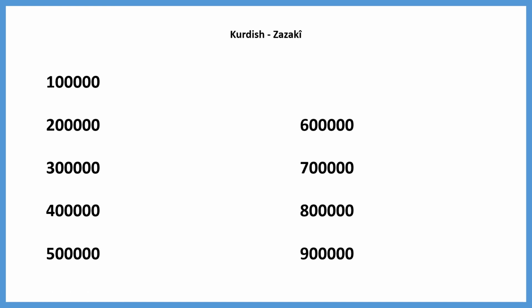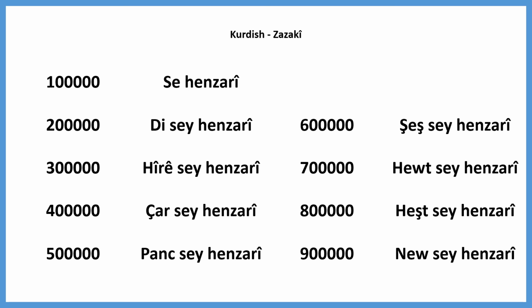To practice using the singular and plural forms of 100 and 1,000, we will now review the multiples of 100,000. Before we check our answers, you may pause the video here. Welcome back.